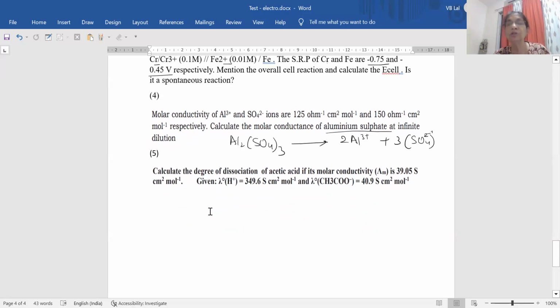Calculate the degree of dissociation of acetic acid. Alpha is equal to molar conductance divided by molar conductance at infinite dilution. You find the molar conductance at infinite dilution by adding acetate ions and H+ ions. Molar conductance is given already, so you find alpha. So like that, simple questions.